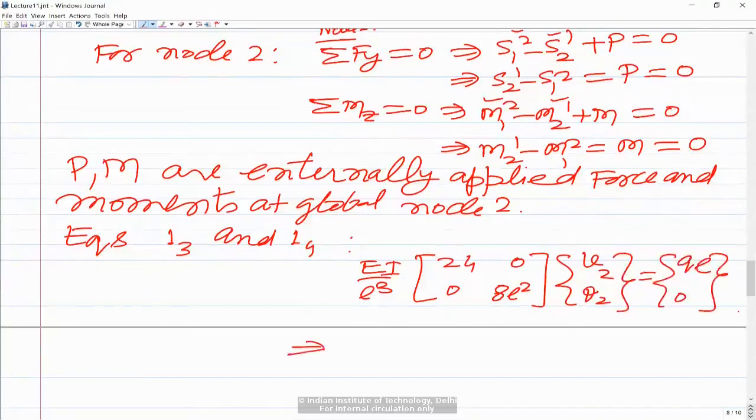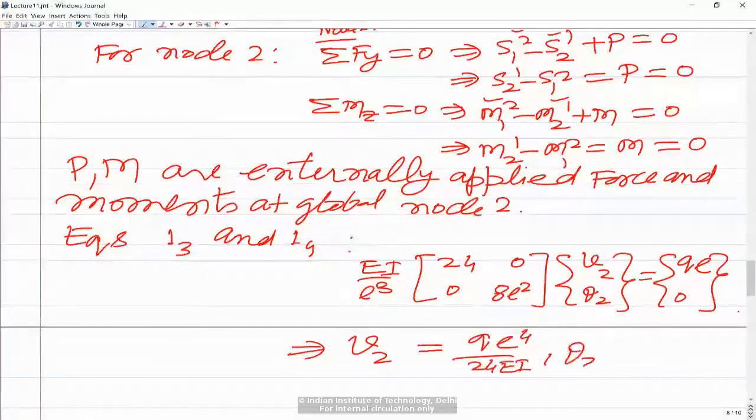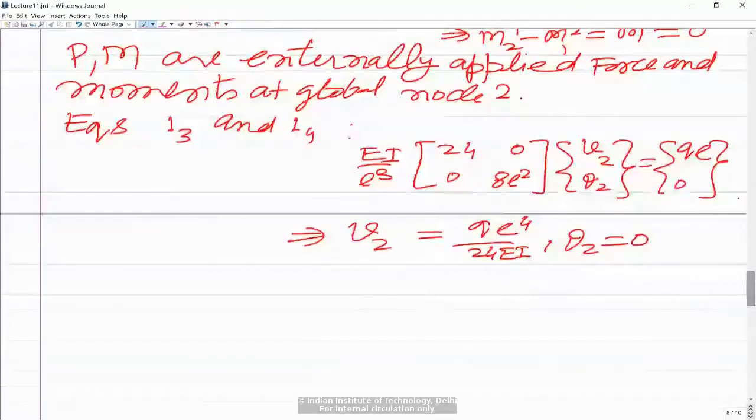If you solve this equation, it is straightforward in this case. V2 comes out as QL power 4 upon 24 EI, and of course theta 2 will be 0. Obviously, because of the symmetry, you expect the slope at the center to be 0. Node 2 is at the center, so the slope has to be 0 there, and that is what this finite element solution is giving you.